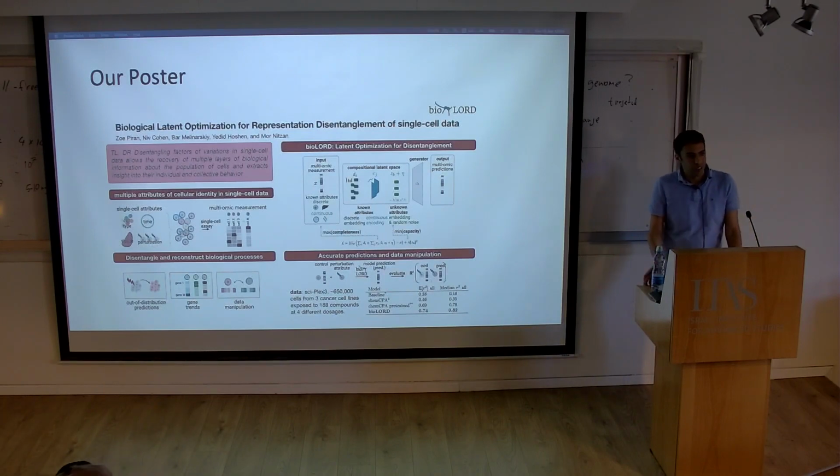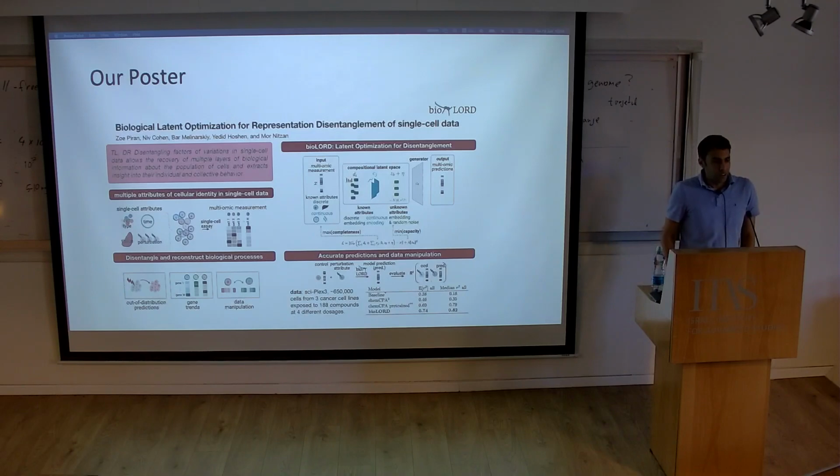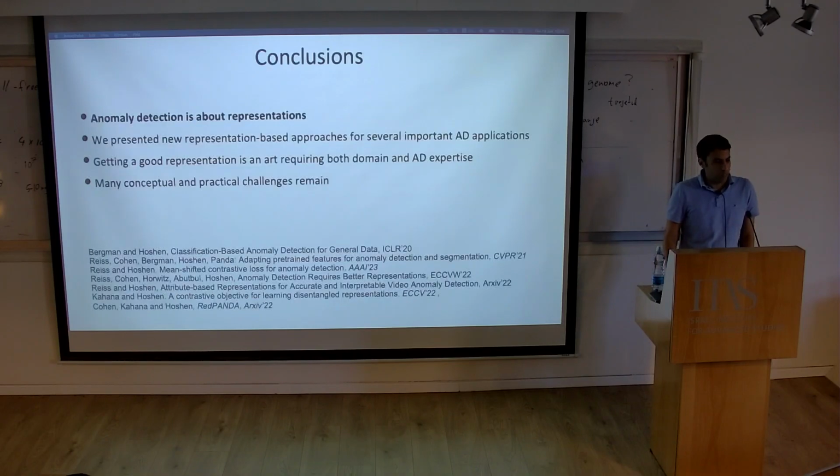We talked during the school about foundation models and how they change the way we go about things. And if I understand correctly, part of the success of foundation models is about getting representations of, for example, language and so on.